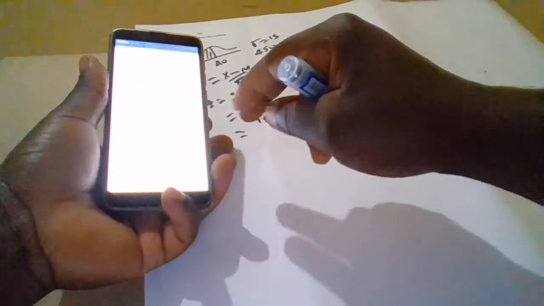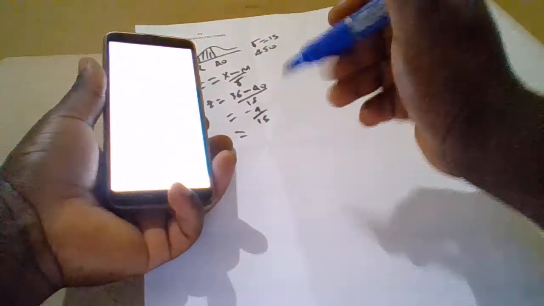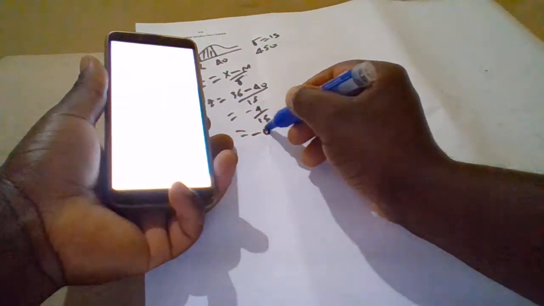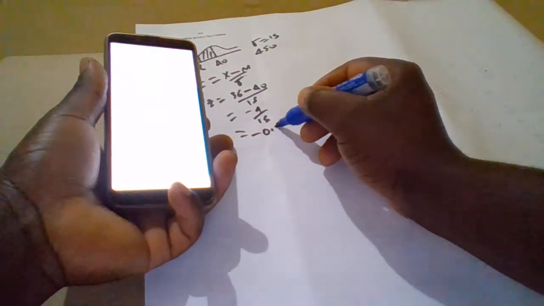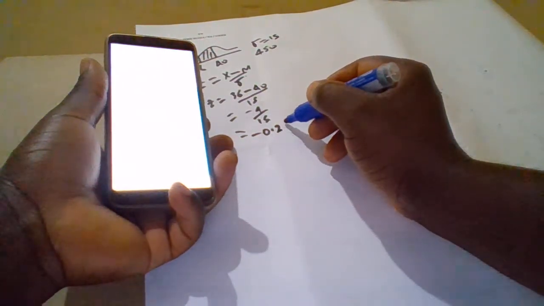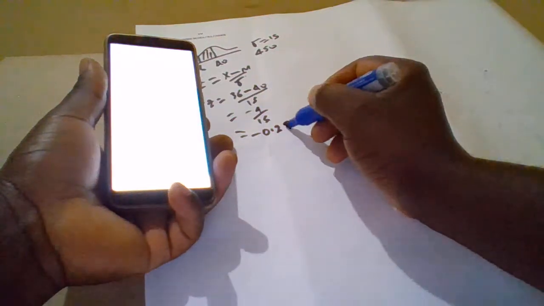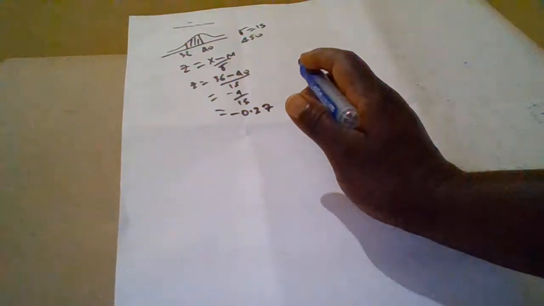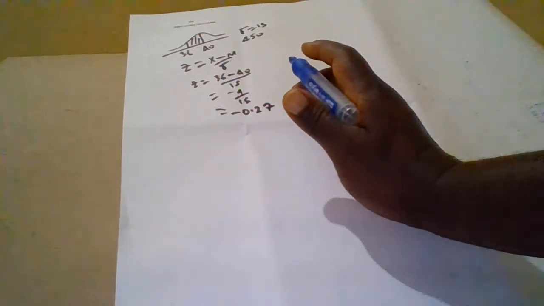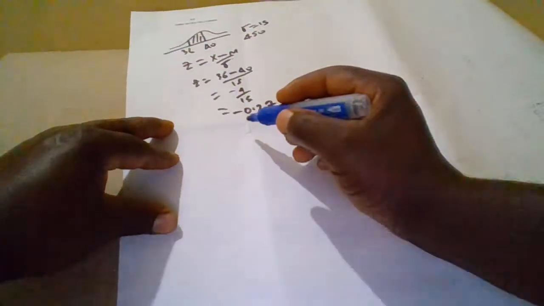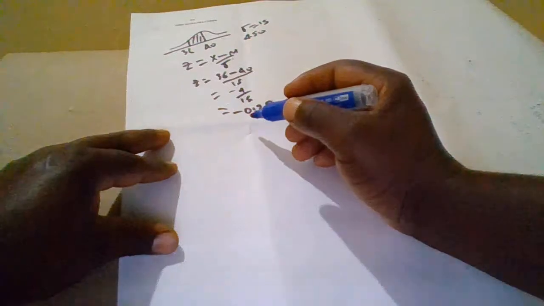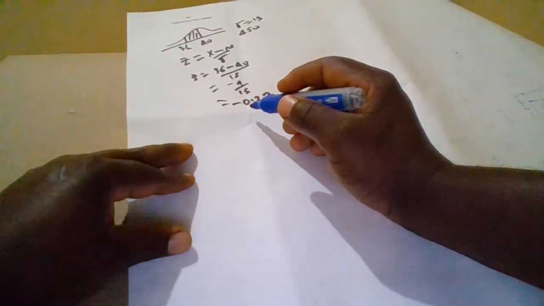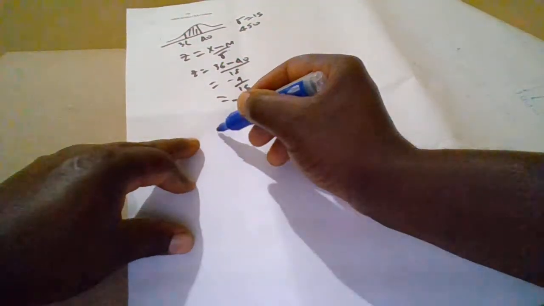So we have negative 4 divided by 15. This equals negative 0.227, we can round off. So this is Z. Therefore, we can now draw this normal curve into the standard curve.